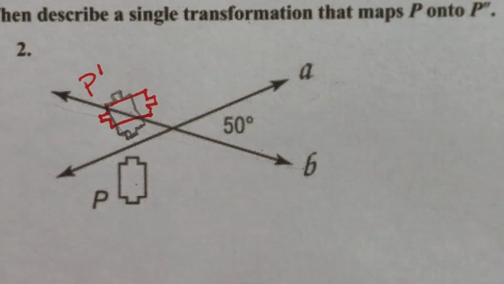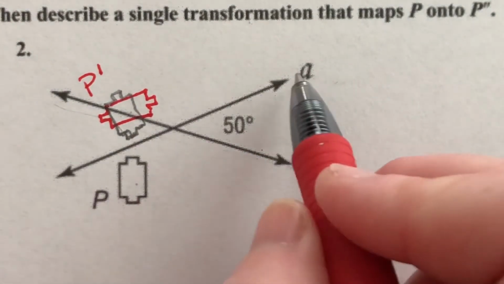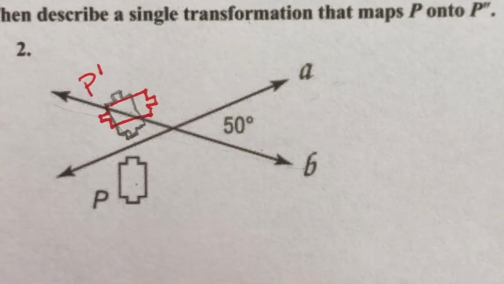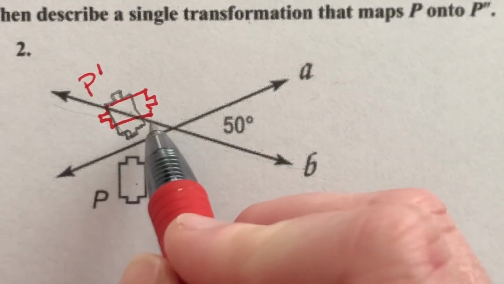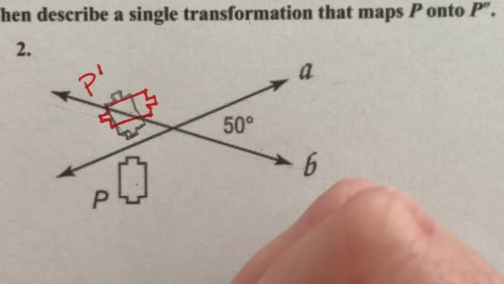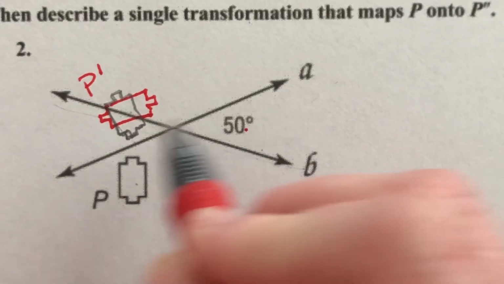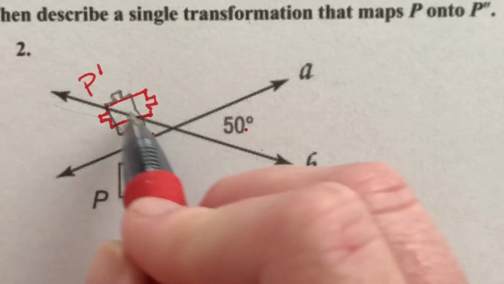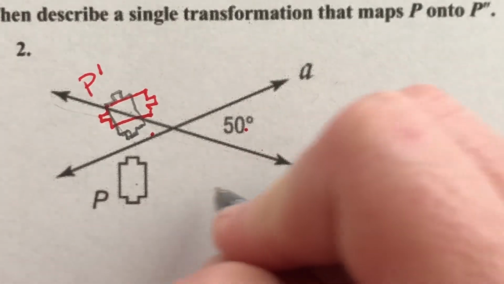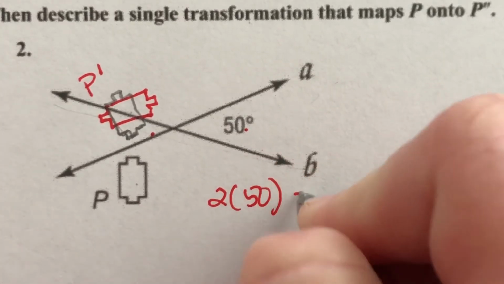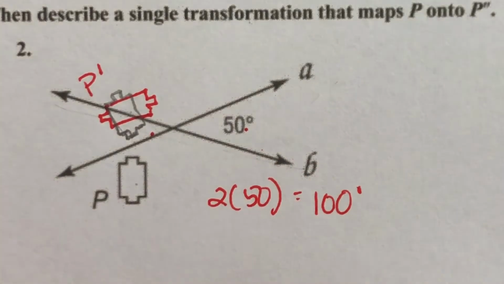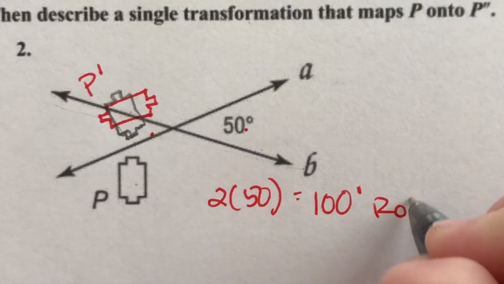So this is P prime. Right? And when we reflect over intersecting lines, we take the angle that's in between the pre-image and the image, and we double it. This is 50 degrees, which means this is 50 degrees. So we double this. 2 times 50 equals 100. So this is a 100-degree rotation.